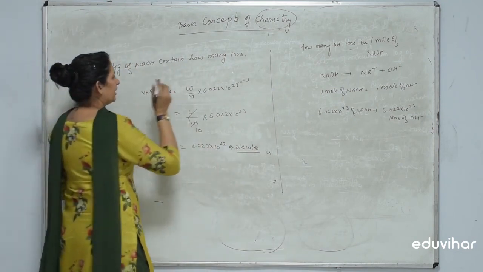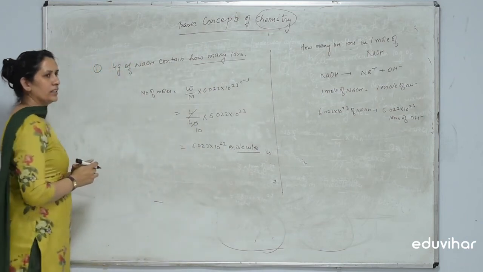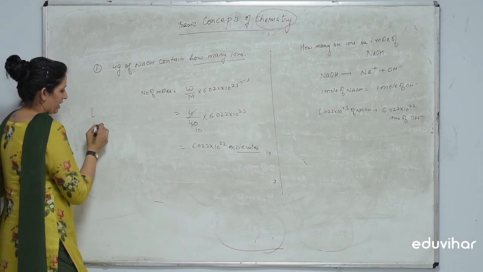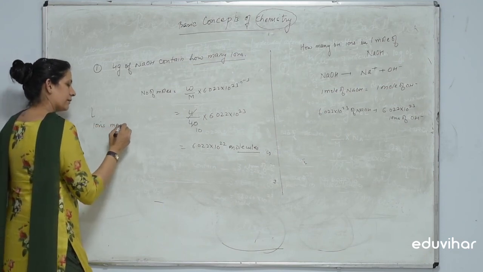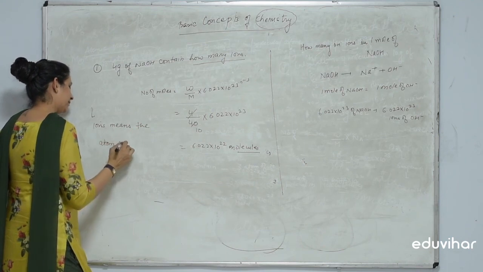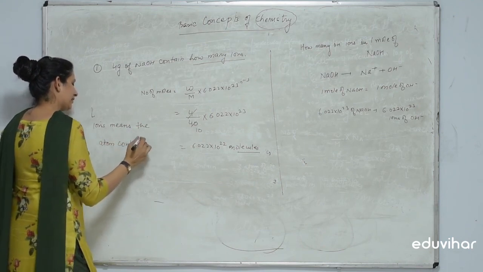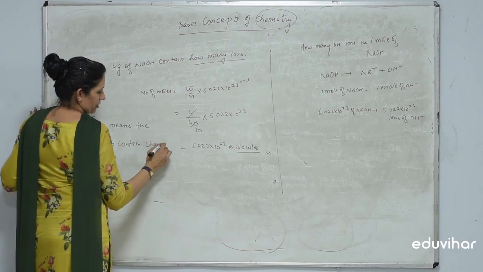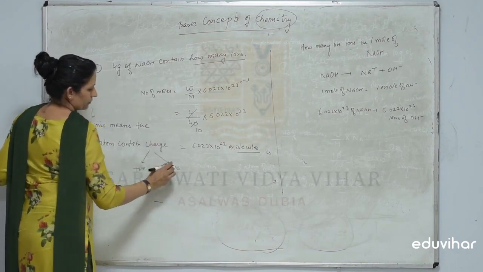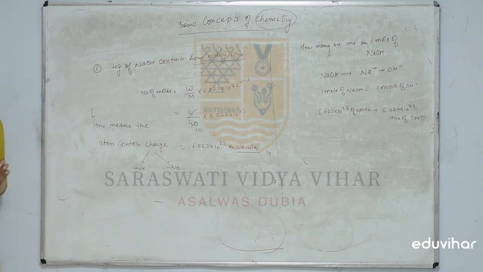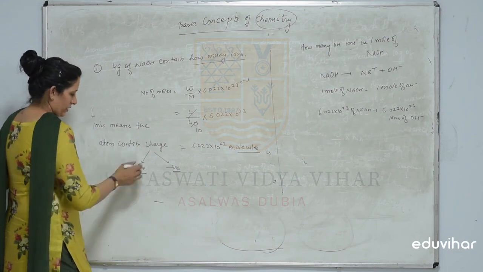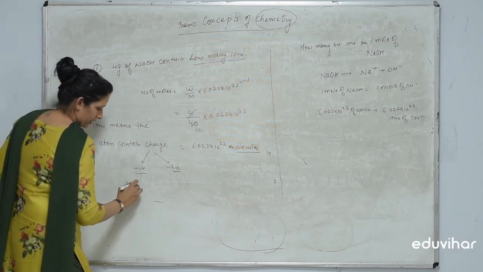But the question asks how many ions? Ions means atoms which contain a charge, and the charge can be positive or negative.